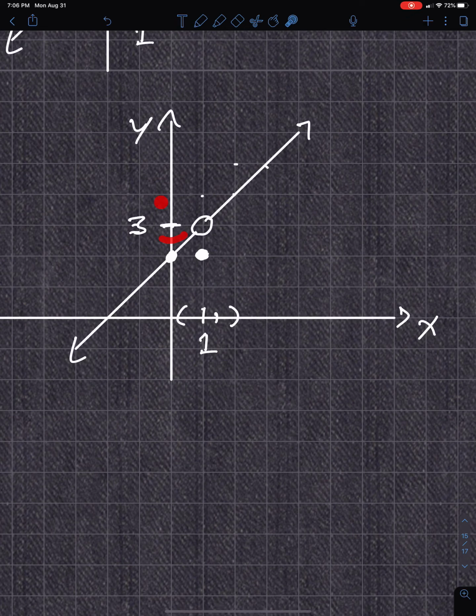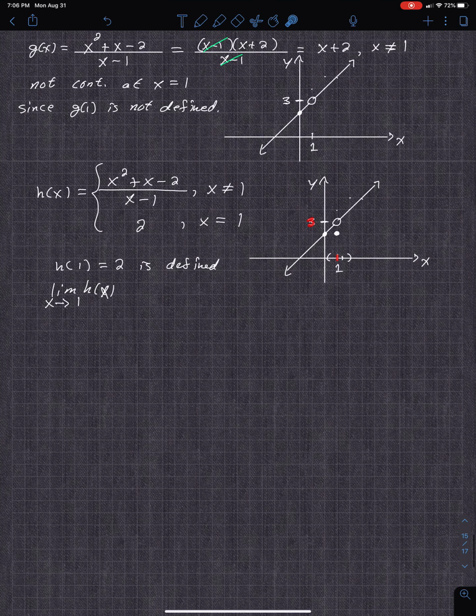You're getting closer and closer to 3. So the limit does exist. At 1, it's equal to 3. However, does it equal the function value? So the limit of h of x as x approaches 1, we would say equals 3.